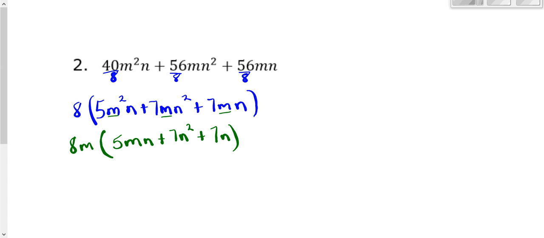And then finally, I can take out one more greatest common factor, and that's n. So now I have 8mn as a factor, and I'm left with 5m plus 7n plus 7.